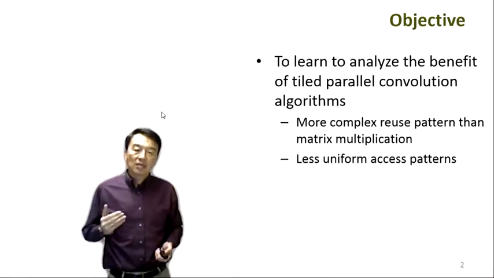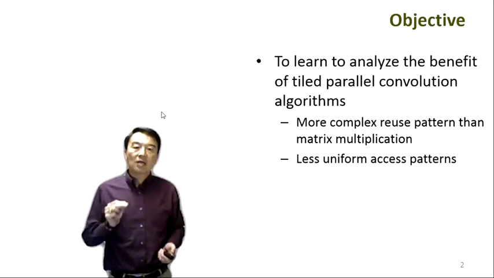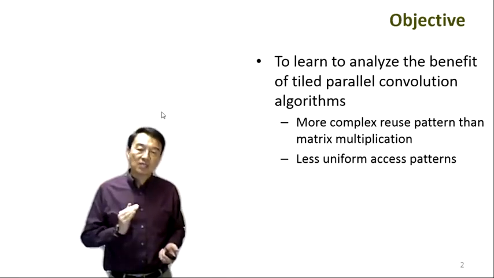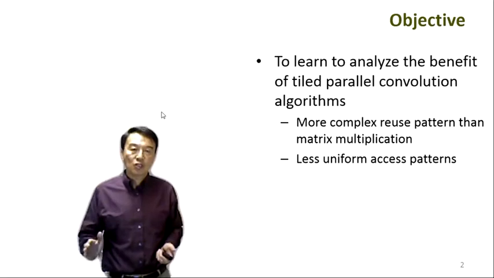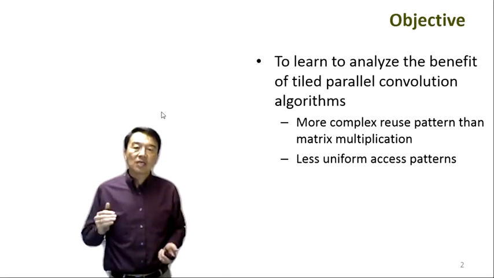In the convolution computation, the reuse pattern is more complicated than matrix multiplication, mainly because the access patterns are less uniform across threads compared to matrix multiplication. So this is a more complex analysis, as we will see in the lecture.